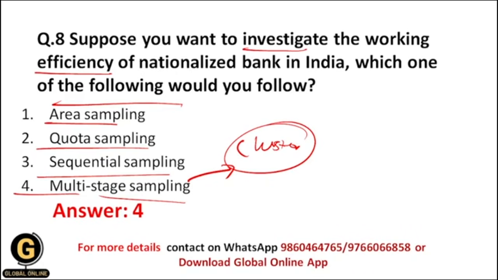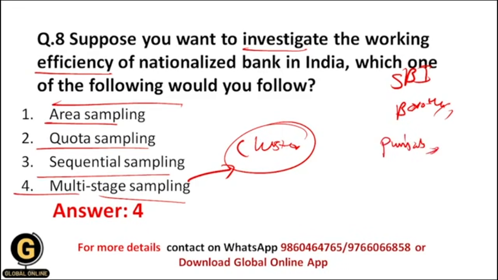Now here I want to investigate the working efficiency of nationalized banks in India, and that's why I need to identify the nationalized banks in India. For example, SBI is one of the nationalized banks of India, then Baroda Bank, then Punjab National Bank.